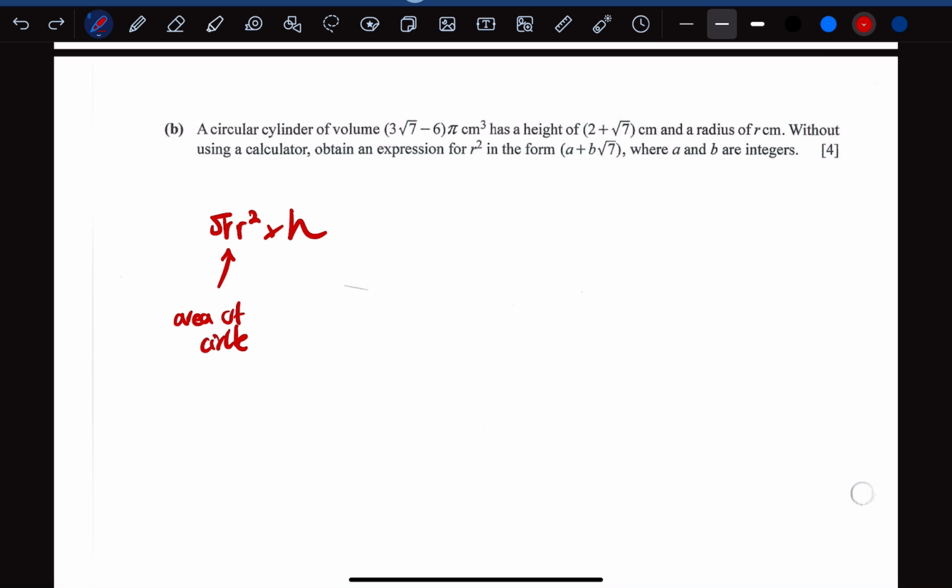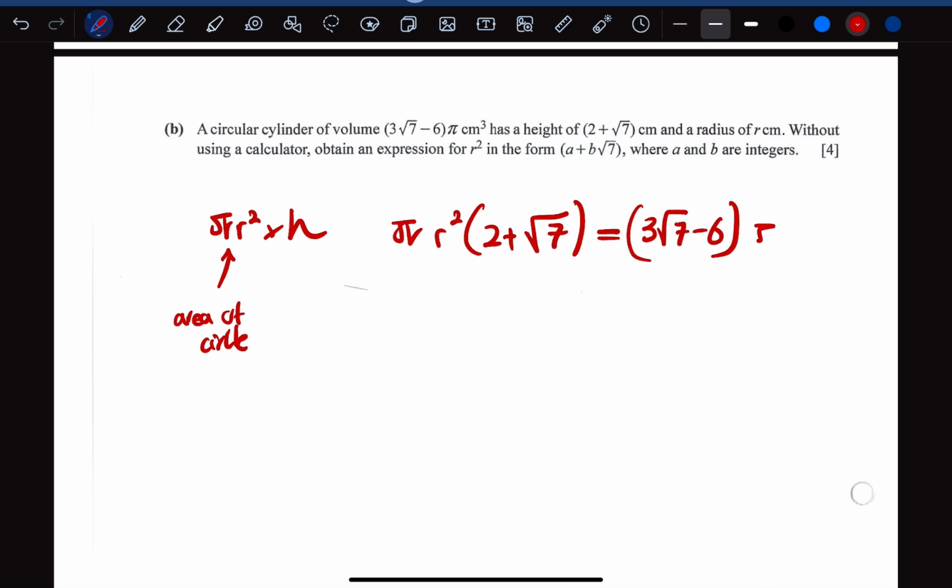So for this, pi we just leave as it is, r squared we just leave as it is. And here, because we want to equate it to our volume up here, I'm just going to make it separate. So pi r squared times (2 plus root 7) equals my volume, which is (3 root 7 minus 6) pi.